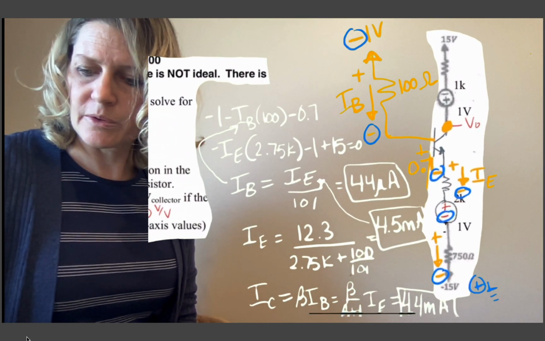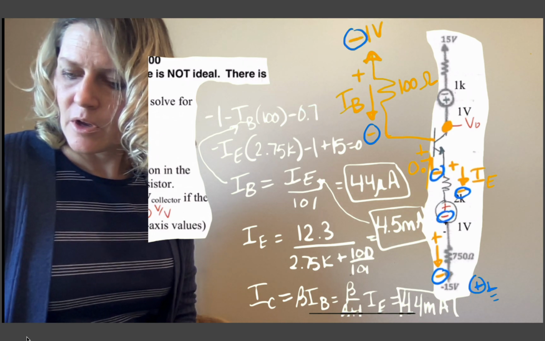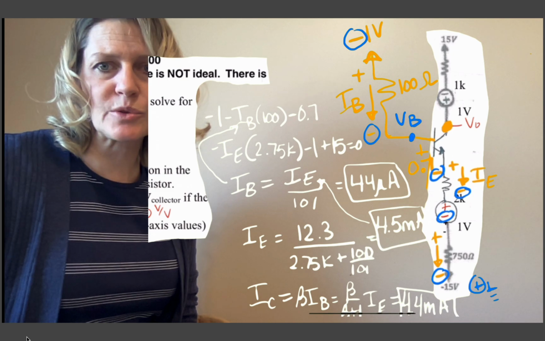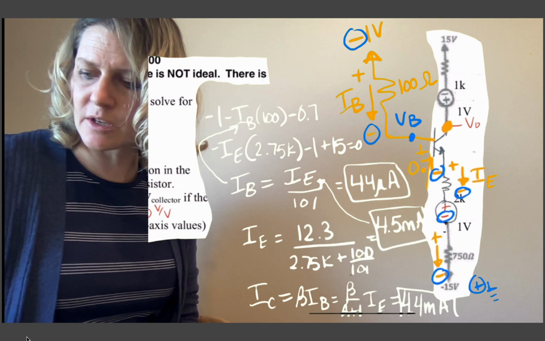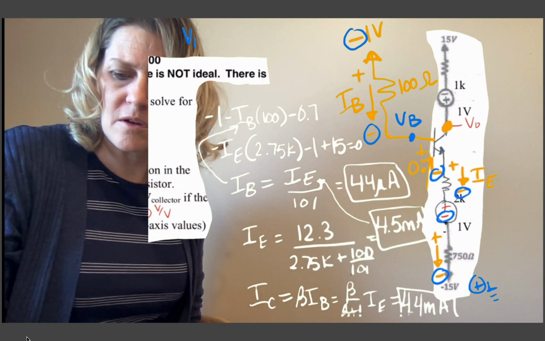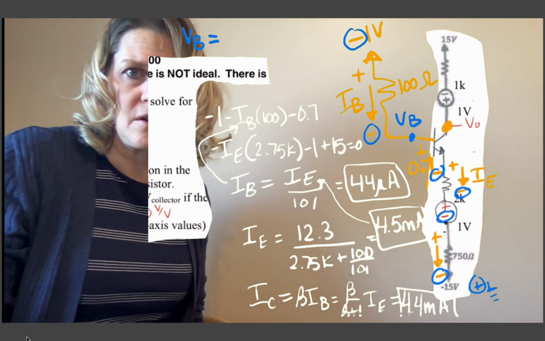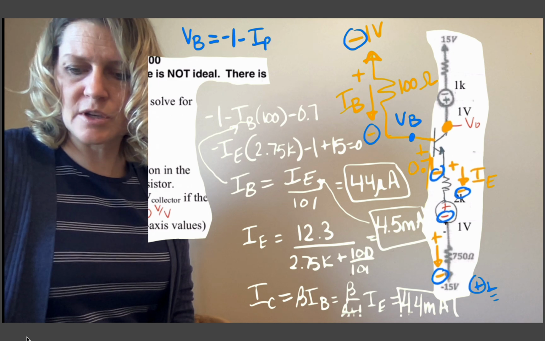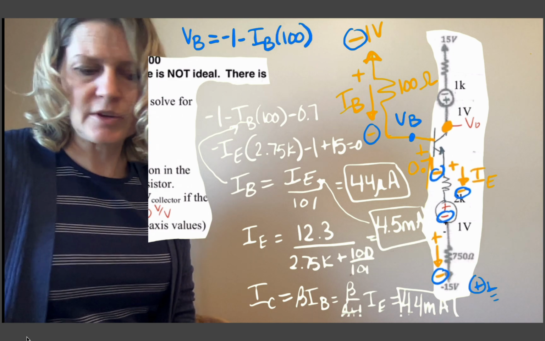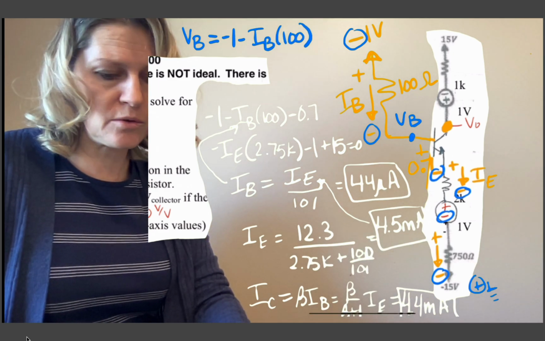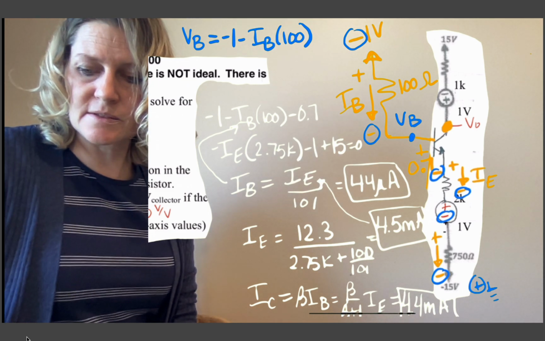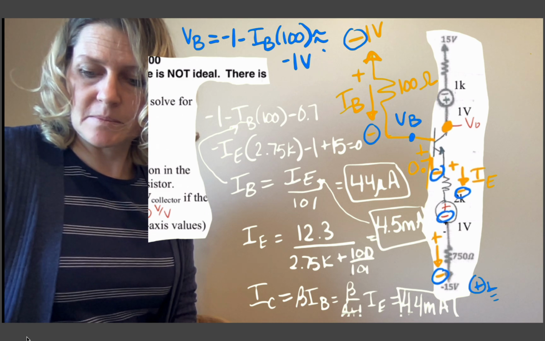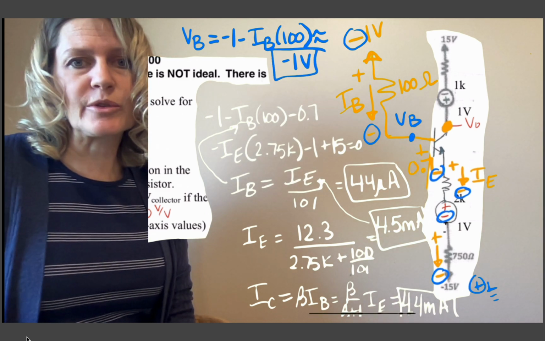So to get those, I have VB, which is here, is going to be a -1 minus IB 100. So using that IB, I get a value of approximately -1, because IB is so small.